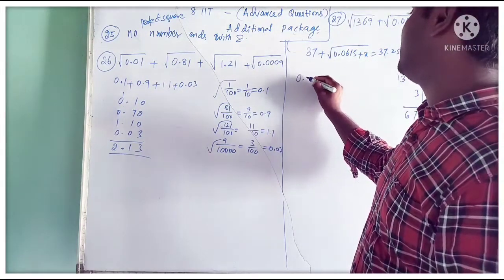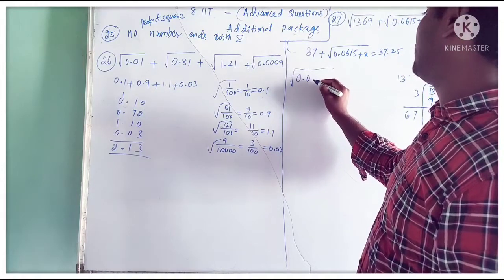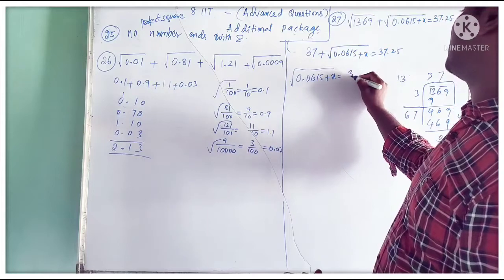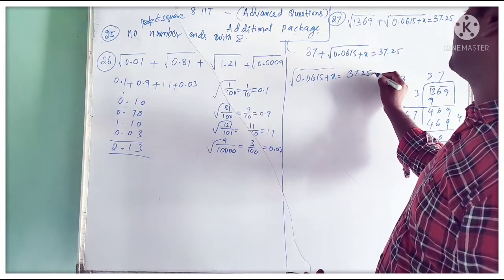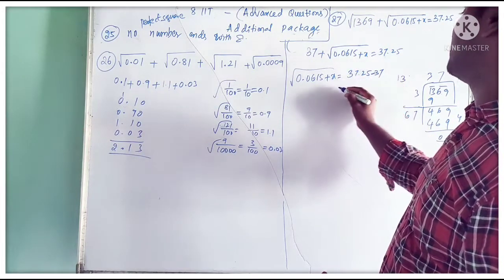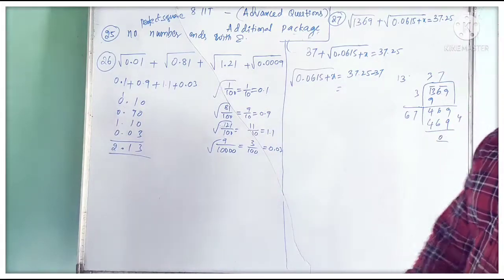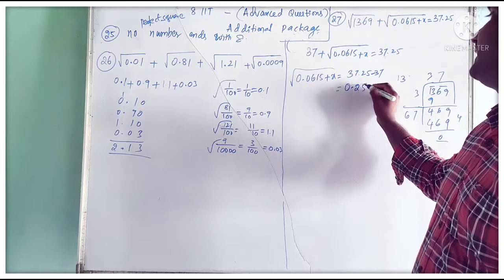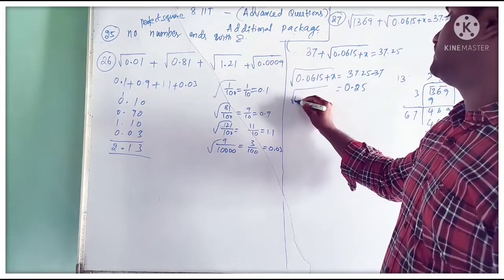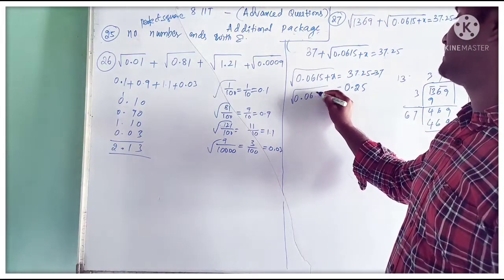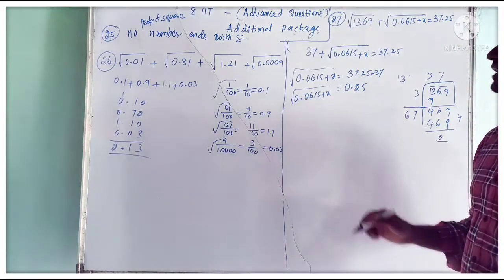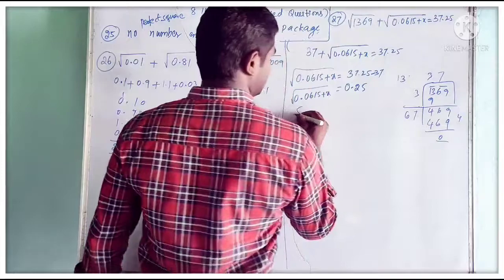So square root of 0.0615 plus x equal to 37.25 minus 37, which is equal to 0.25. So now square root of 0.0615 plus x is equal to 0.25.